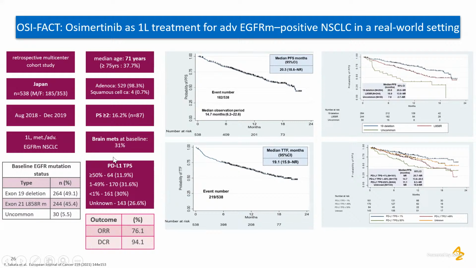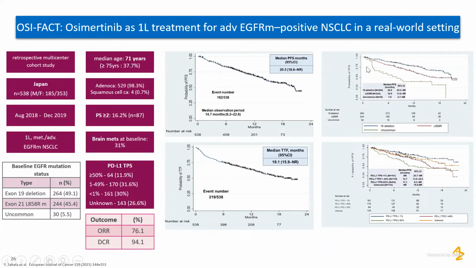And brain metastasis similar, 32%. Here PS of 2 or more was 16.2%. Outcome: overall response rate 76% and disease control rate 94%. It's all similar as compared to the FLAURA and Italian study. Median PFS 20.5 months is higher as compared to the FLAURA. Median time to treatment failure 19.1 months.